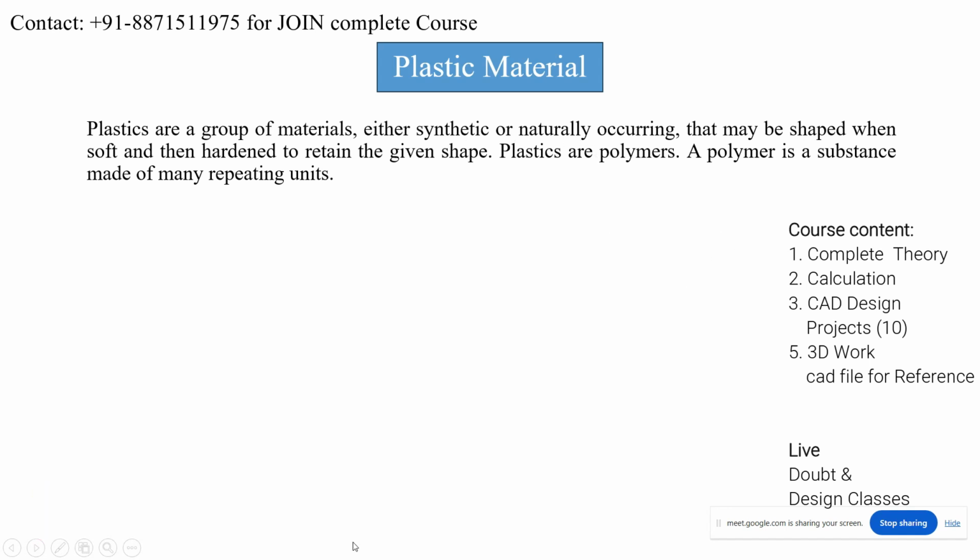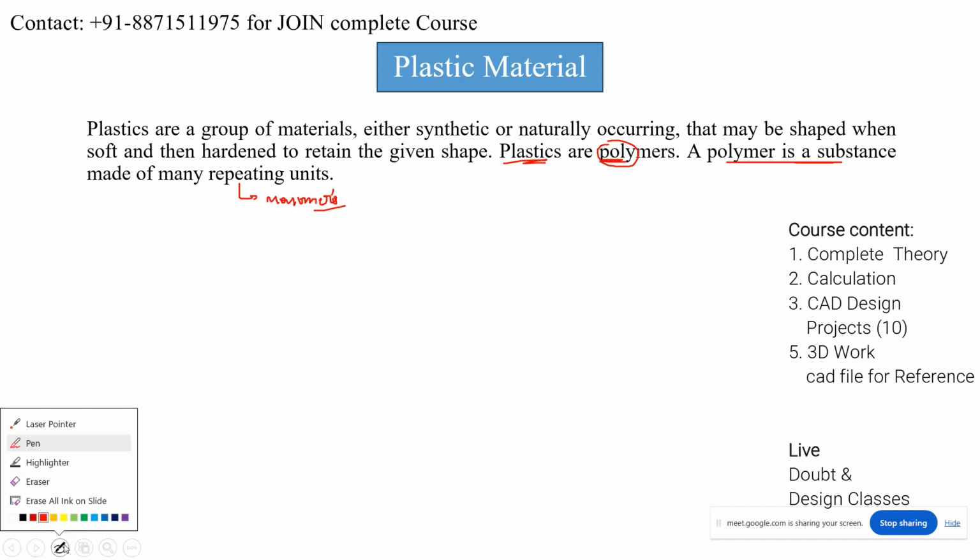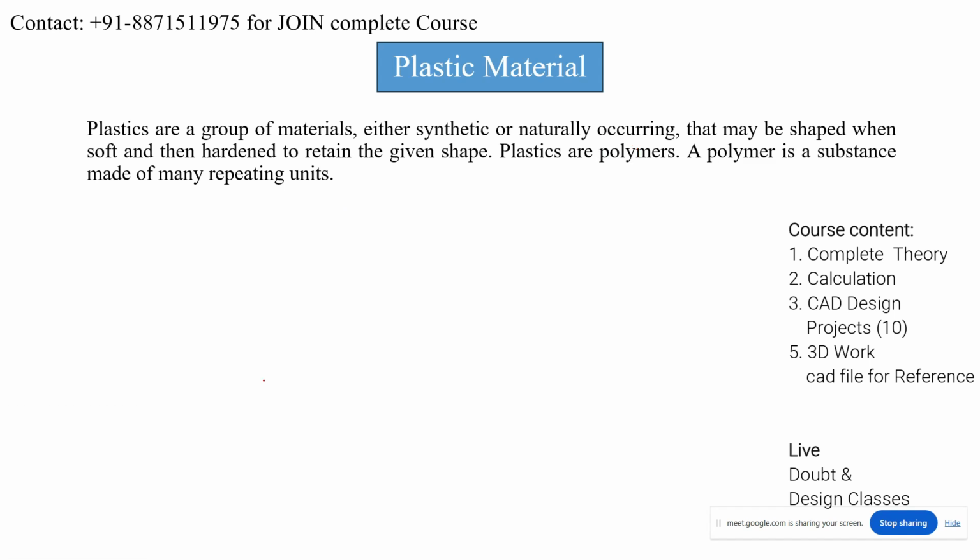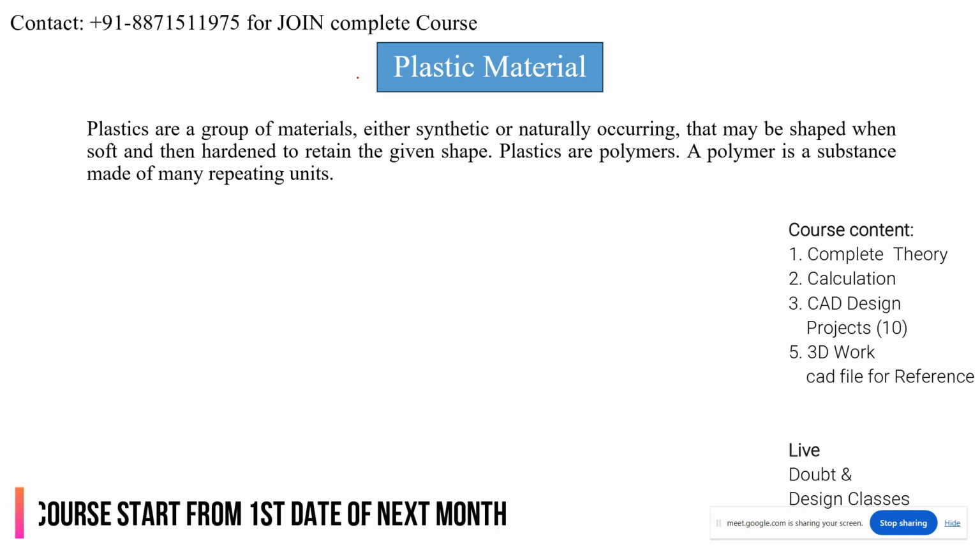Plastics are polymers. A polymer is a substance made up of many repeated units, which are also known as monomers. This is the basic definition if someone asks you.